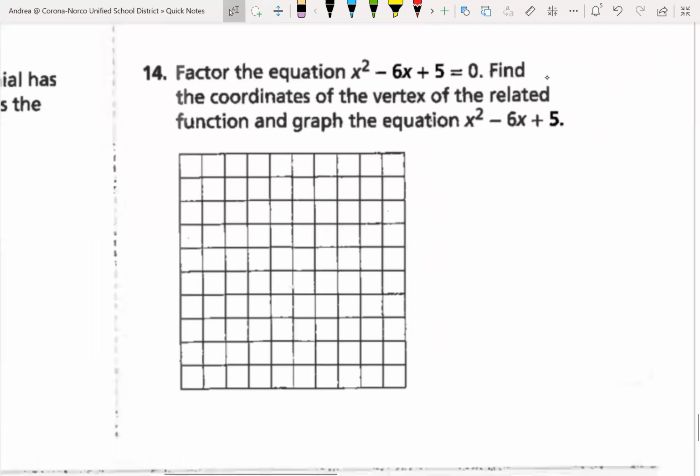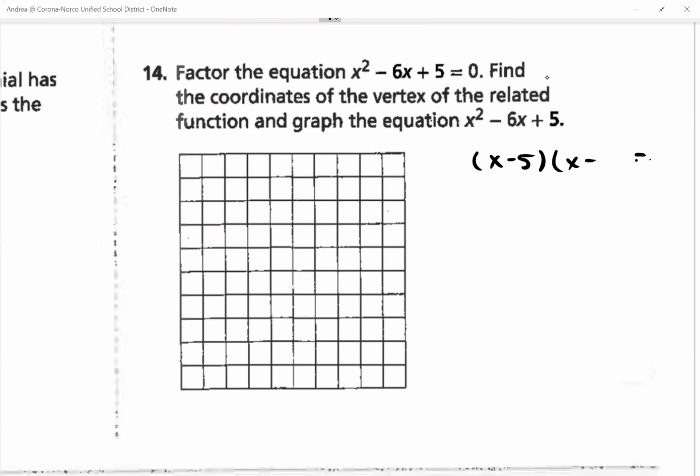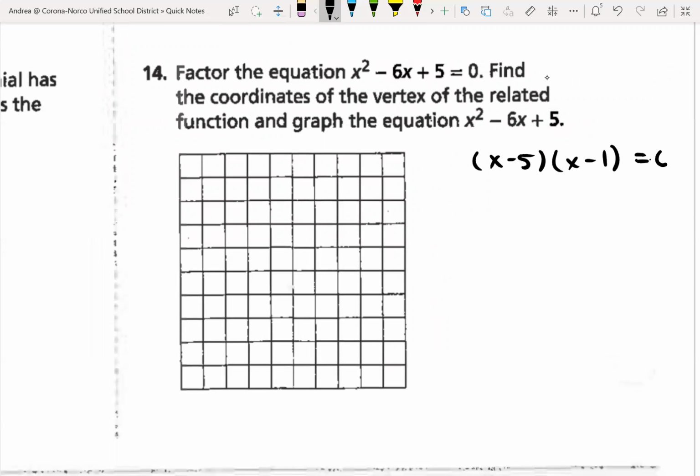Okay, most of us were able to factor this. x minus 5 and x minus 1, and it equals 0. Then you were able to find the x-intercepts at x equals 5 and 1.